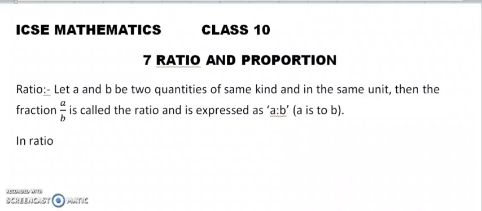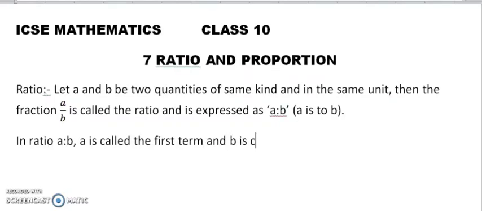Now, in ratio A is to B, A is called the first term and B is called the second term. Okay.